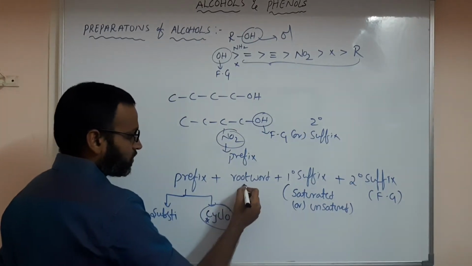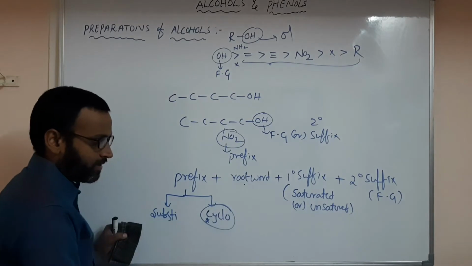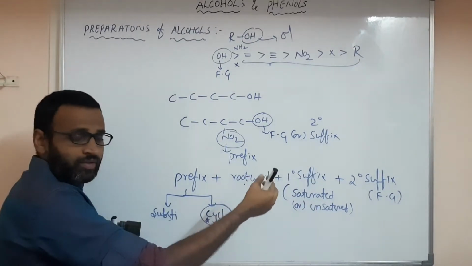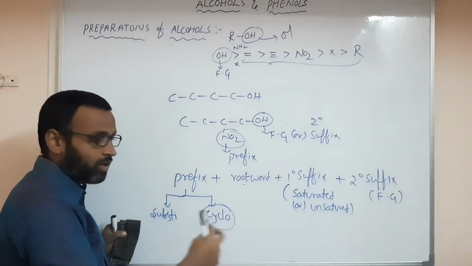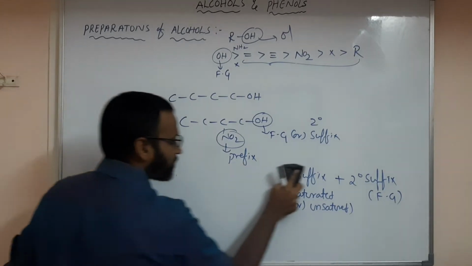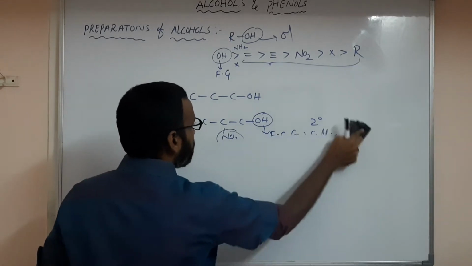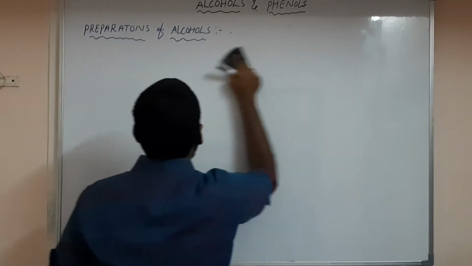Root word we use eth, prop, like that. Primary suffix we use for giving information about saturation or unsaturation, what kind of bonding it has. Secondary suffix gives the functional group. So this is about naming, how to give it.